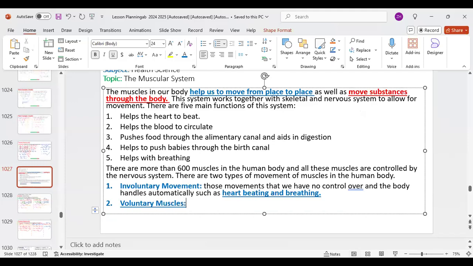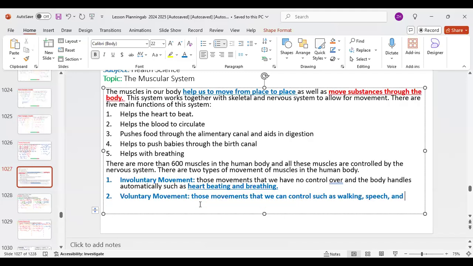All right, so voluntary muscles, movement, sorry. What is a voluntary movement? What does that mean? Controllable actions and movements. Very good. Things that we could control. So those movements that we can control, such as walking, speech, and exercise.